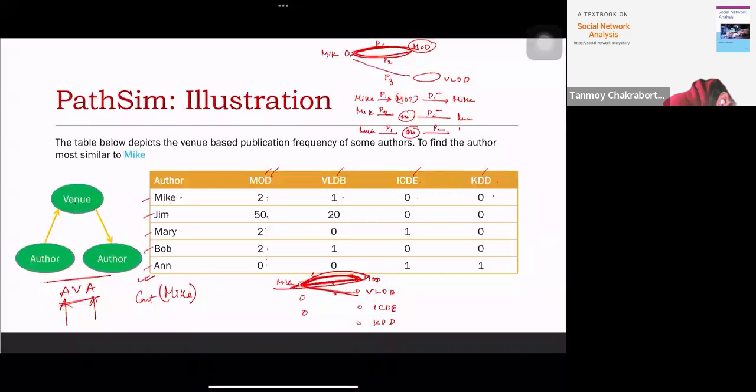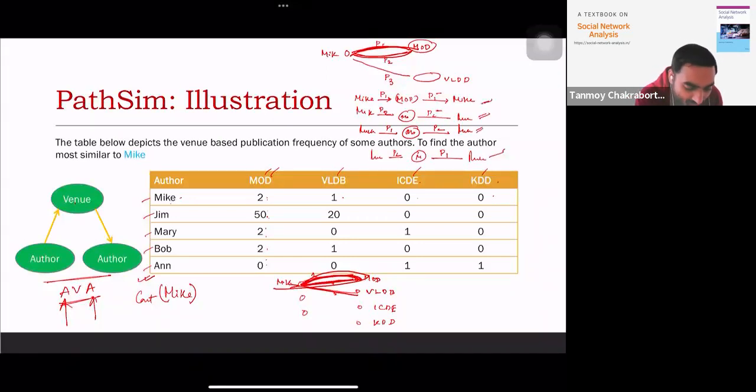P2, Mike, or Mike, P2, mod, P1, Mike. Now it is clear. So how many such paths exist of type AVA?